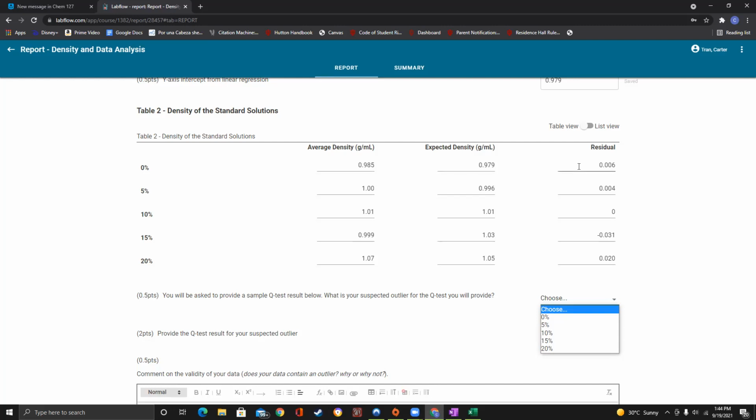Let's see. I could do a 20% Q test, and for 20% the closest neighbor is going to be 0.06. So do .020 minus .006 all over .020.